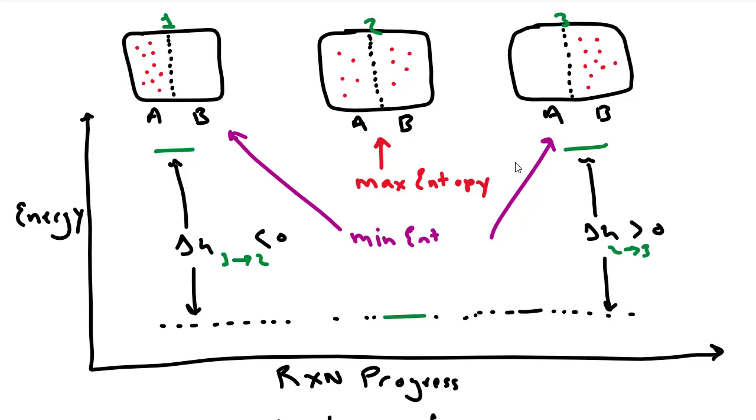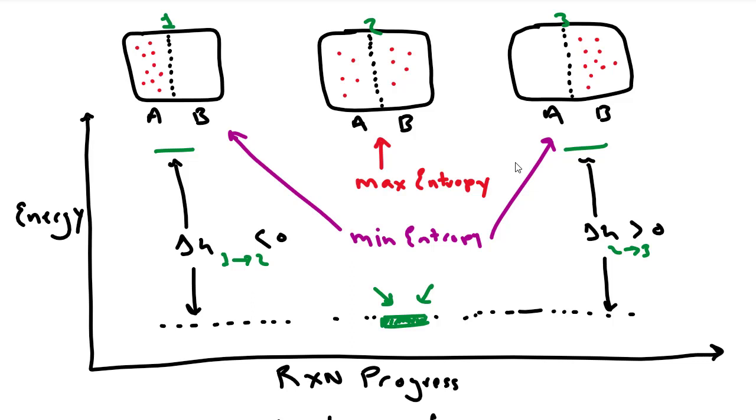It's the most organized. So this state right down here, state 2, the bottom, is the maximum state of disorder that this system can achieve. It cannot go any lower.